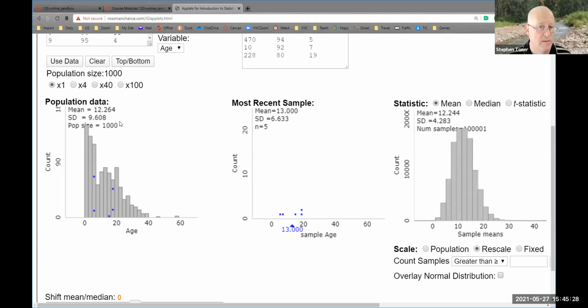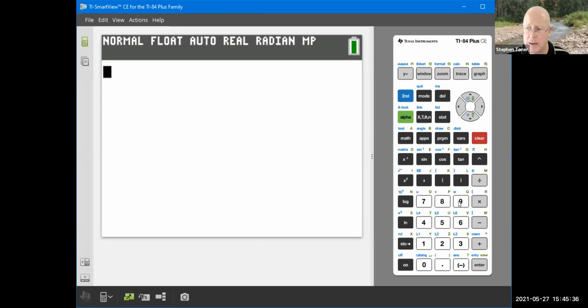Let's start with 9.608. Break out our calculator here. Clear the screen. 9.608. I want to divide this by the square root. Now the square root is above my x squared key. So second square root of 5.